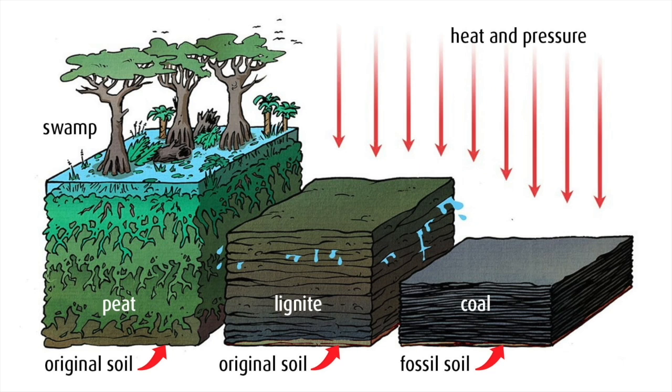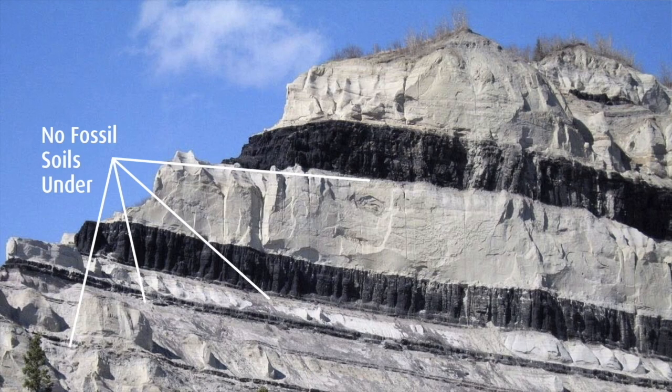The problem is, if that's how all coal was made, there should be fossil soils under all subsequent coal deposits. And there aren't. Fossil soils are hardly ever found under coal seams. What we find instead is typically a huge layer of coal separated by solid rock without fossil soils under any of the coal seams. Then another layer of coal without fossil soil under it.